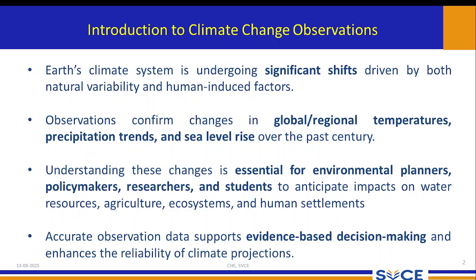So what will happen in the agriculture sector and how the ecosystem will be affected, so that we could mitigate the effect by our own action. That's the meaning. Accurate observation data supports evidence-based decision making and enhances the reliability of climate projection.